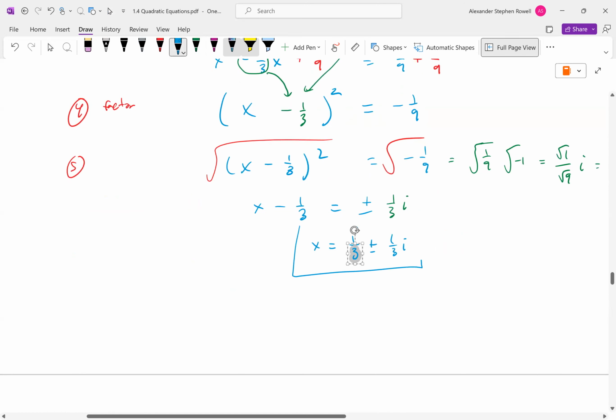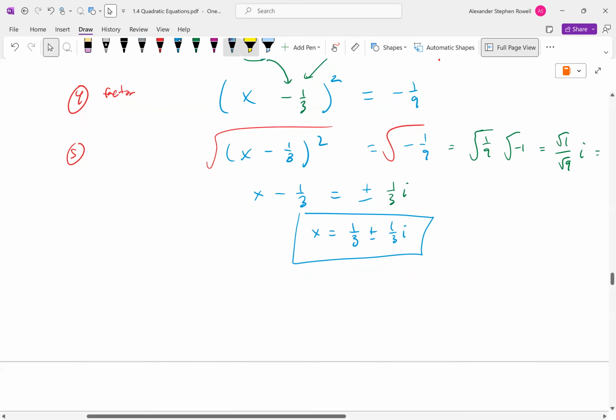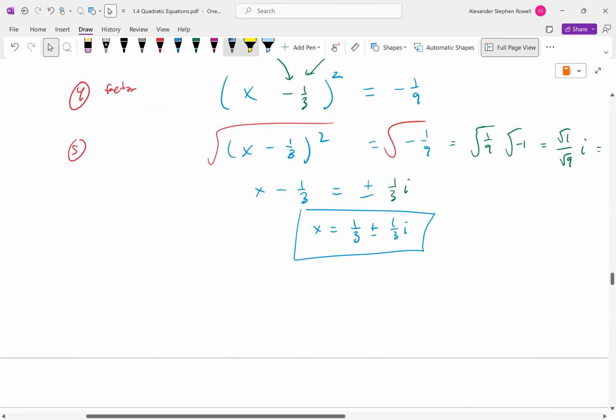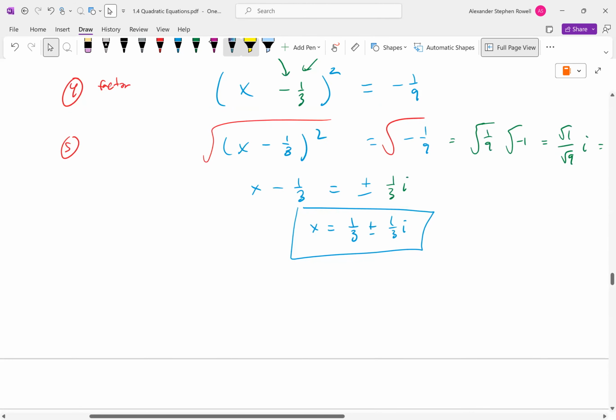Okay, so those are our two solutions. Two complex solutions. Any questions about that? Okay, so 1/3 plus 1/3 i and 1/3 minus 1/3 i.